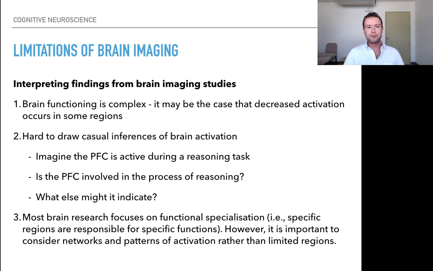And although the primary focus is the observation of areas that increase in activity, it's also the case that decreased activation can occur in some areas, and sometimes this may be really important. For example, if you look at the pattern of activation in the motor cortex when people move their fingers, if you were to move your right index finger, then what you would observe in the brain is increased activation in a corresponding area of the motor cortex in the left hemisphere.